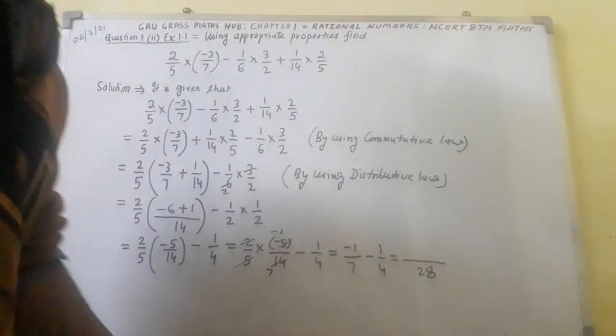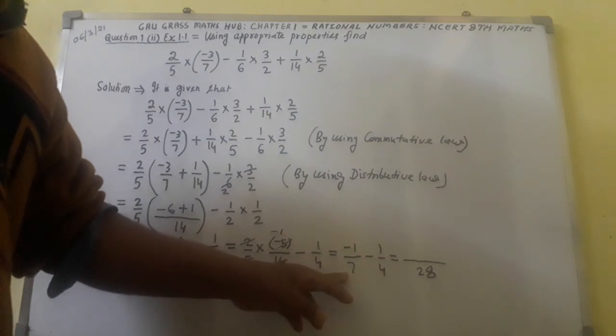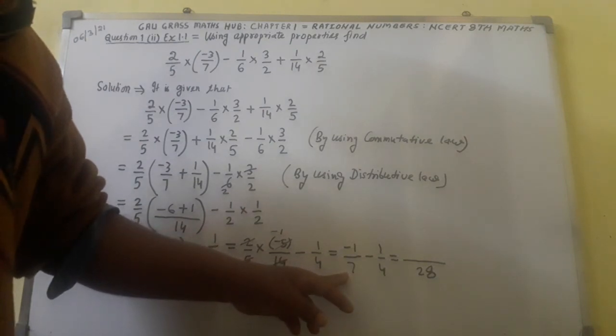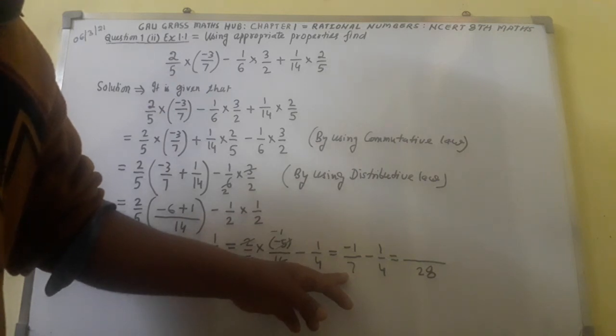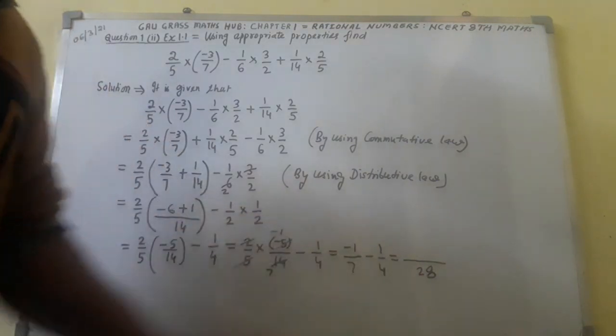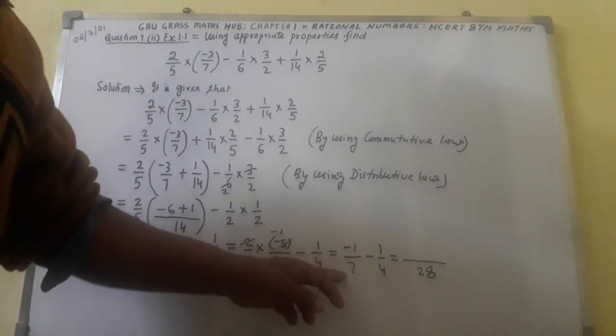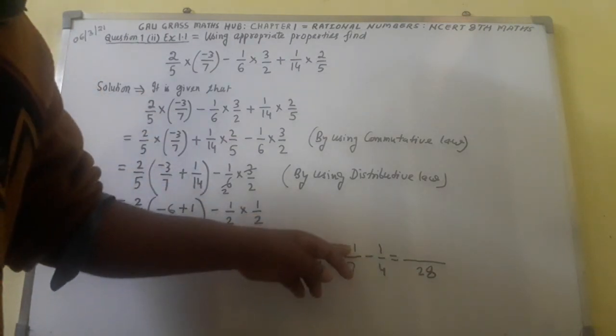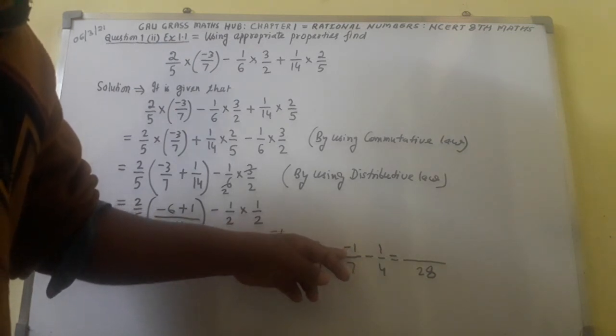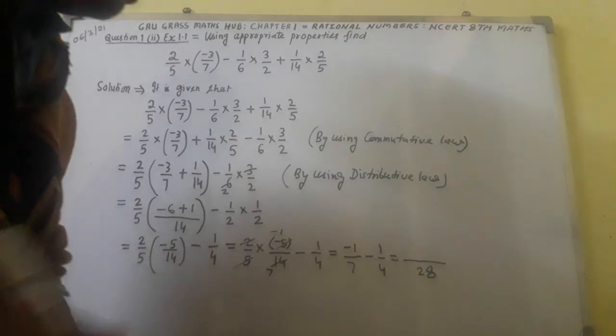We will get here 28. By which digit will you multiply 7 in order to get the LCM 28? If you multiply 7 by 4, 7 4s are 28. The numerator will also be multiplied by 4. The numerator minus 1 will be multiplied by 4.